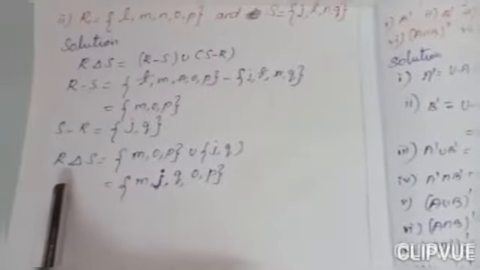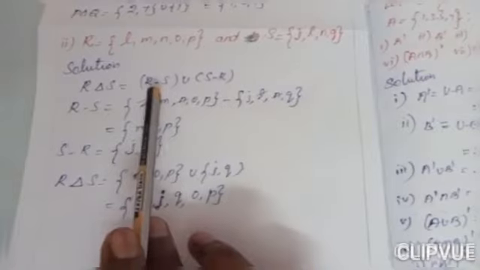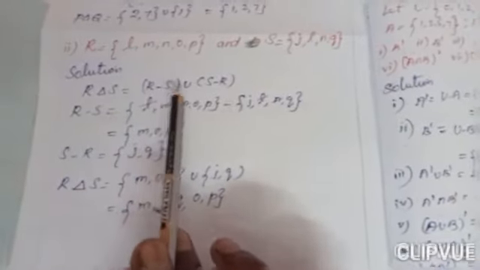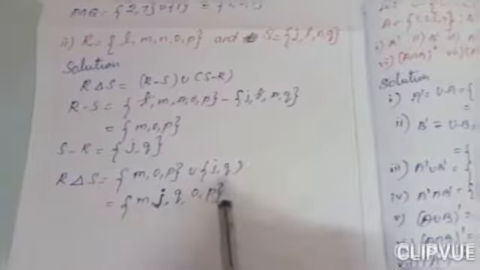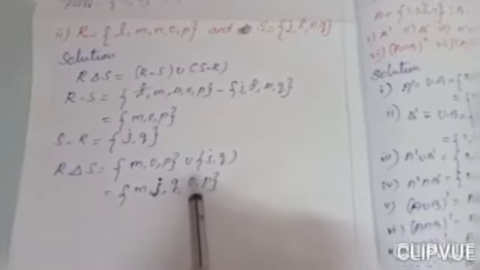Common elements are L and M. Write the remaining elements O and P, that is R difference S. S difference R is the remaining elements in set S, that is J and Q. R symmetric S equals R difference S union S difference R. R difference S is O, P and S difference R is J, Q. Join the two sets, that is J, Q, O, P.